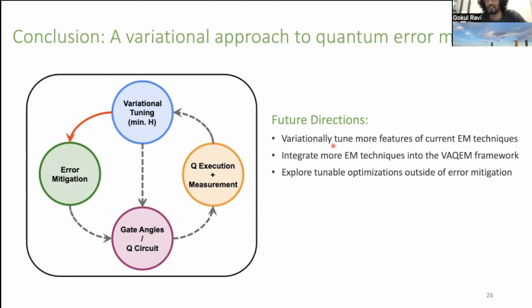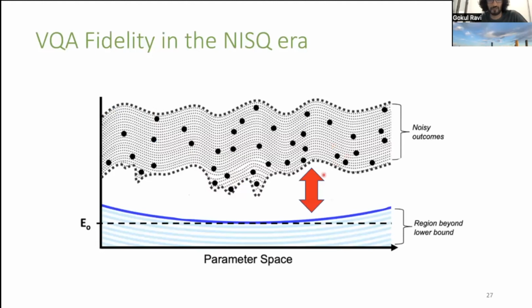And of course, there are other error mitigation techniques which can be incorporated into the VAQEM framework, such as crosstalk optimization and some gate level optimizations and so forth. And this aspect of tuning in this variational harness can also be extended beyond error mitigation as well. And the hope is that the more techniques we can integrate, the closer it will come to this blue line.